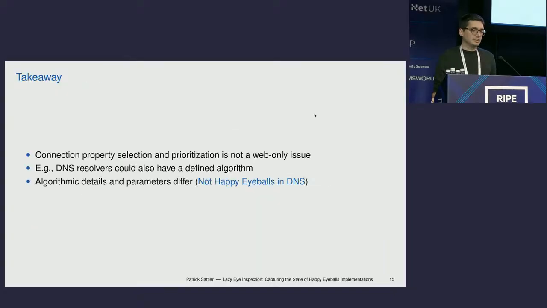So the takeaway for us is that connection property selection and the prioritization is not a web-only issue. The DNS protocol, but also if you think about mail and other protocols, they might also need to think about if they want to prioritize protocols like IPv6, and for DNS, if DELEG is standardized at one time, if it wants to use different DNS protocols to communicate with the authoritative.